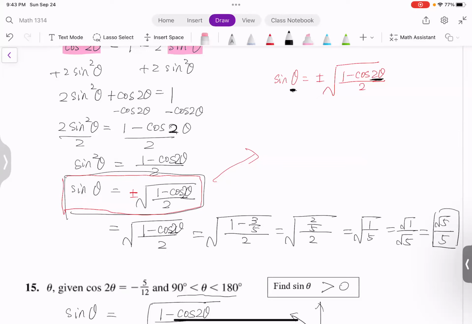So if I have the half angle formula, I have sine, for example, alpha over 2. So I must have positive or negative square root of 1 minus cosine of 2 times this angle, which is alpha over 2. So this is a new formula. We call this the half angle formula.